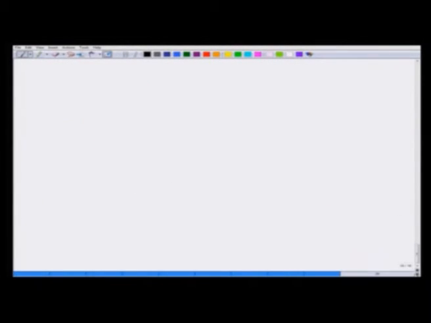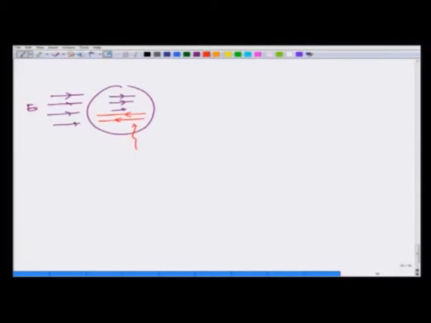So, what has happened now is that when I put this sphere in this field E 0, there is this E 0 inside, and there is a field backwards which is P over 3 epsilon 0. This we have worked out already. So, E net inside is going to be E 0 minus P over 3 epsilon 0.